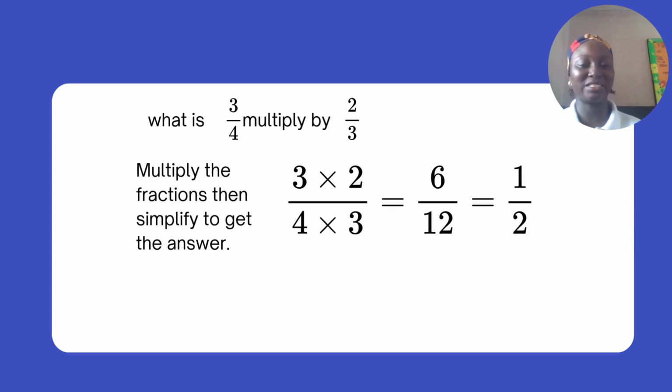Let's multiply the numerators and the denominators. 3 times 2 gives us 6. 4 times 3 gives us 12. Now, what can we use to divide 6 and 12 without a remainder? We can use 6. 6 divided by 6 gives 1, while 12 divided by 6 gives 2. So 3 over 4 multiplied by 2 over 3 gives 1 over 2.